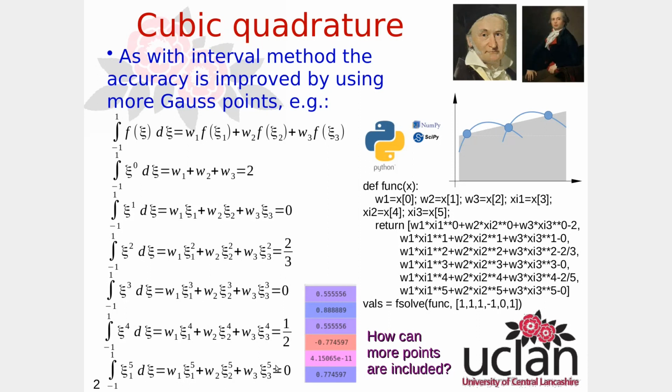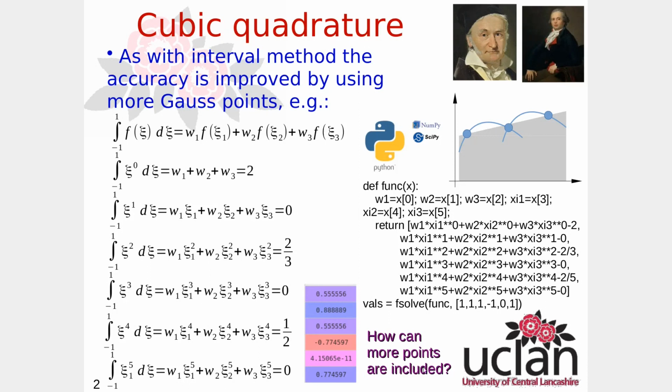In this particular example, I've defined a function, and I'm going to solve this function using methods from the first week, or the first video lecture, where we solved nonlinear equations in a particular manner using the fsolve command.